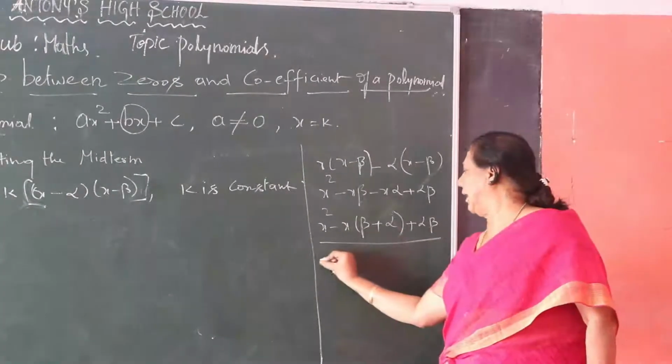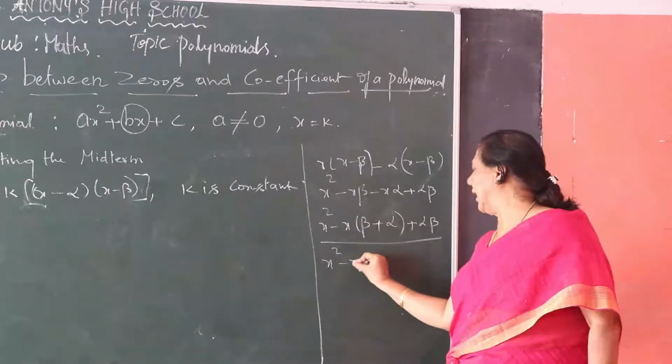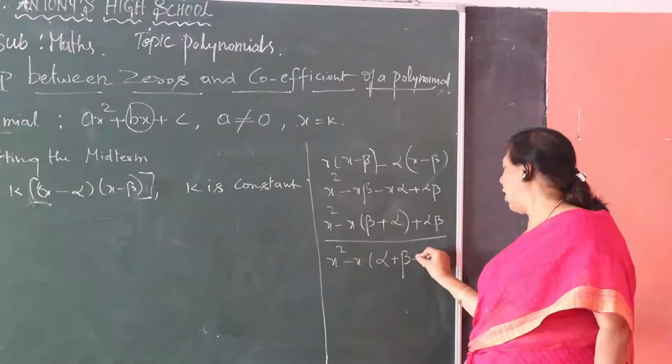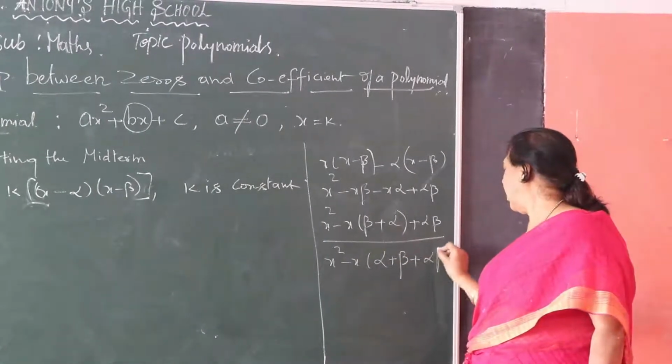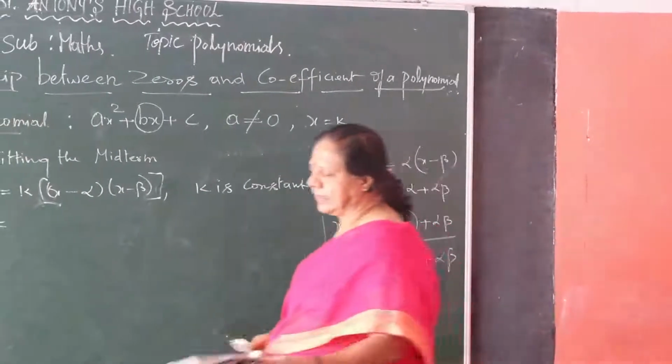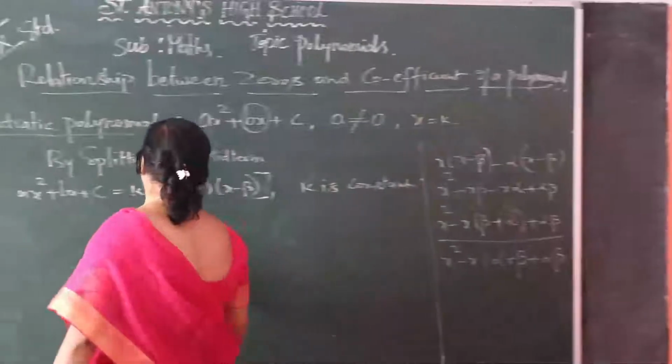This can be written as x square minus x of alpha plus beta, because we interpret alpha beta only, not beta alpha. You can write that also, you are getting the answer, but you should not.